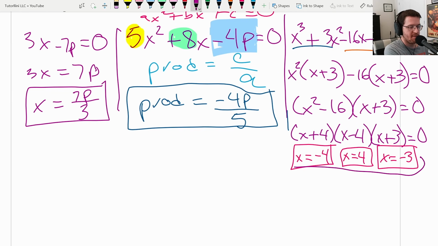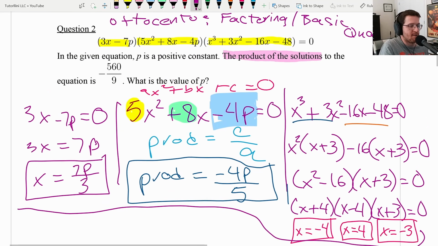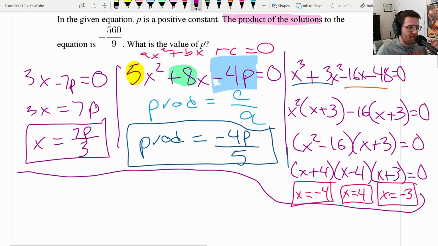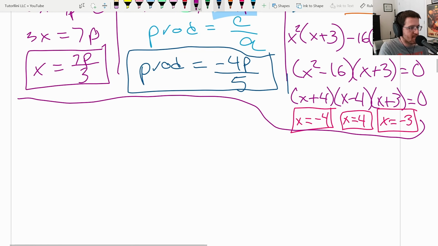Okay, so we pretty much have everything we need. Now it says the product of the solutions is negative 560 over 9. So we're going to multiply all these solutions together and see what it gives us, and set it equal to negative 560 over 9.